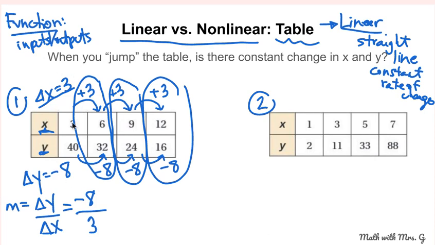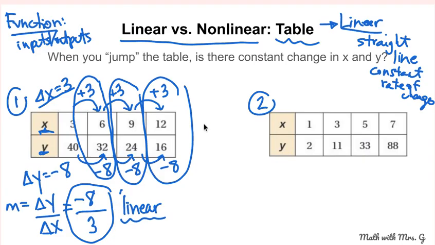So because that is constantly what that is, constantly doing the same thing, it's going down 8 and it's going over 3, then I would say, yes, this is a linear function, okay? And any time that you say something's linear, you should be able to tell me what the slope is, all right? Whether it's from a table, a graph, or an equation.